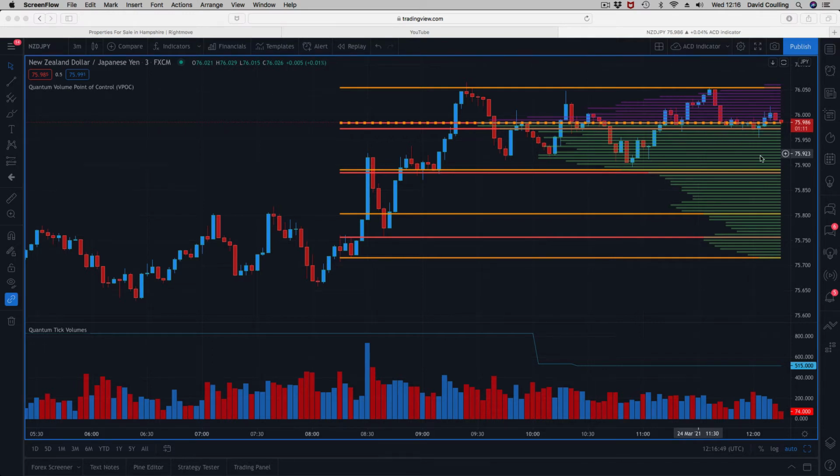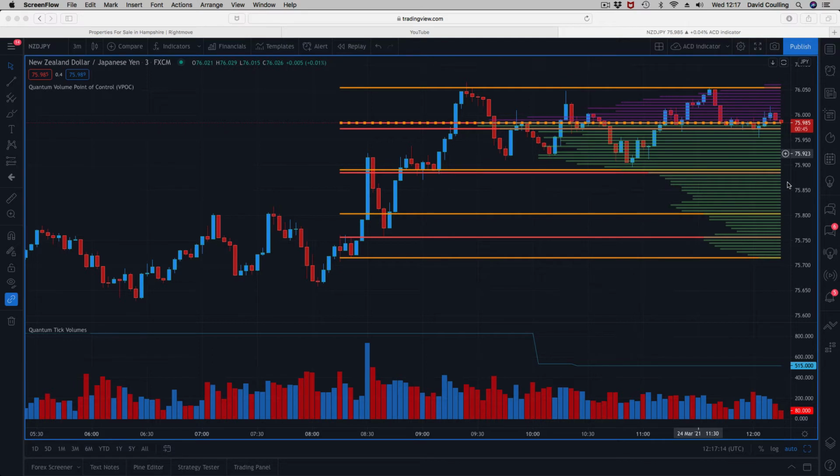What this histogram does on the right hand side here is to introduce the concept of time. So basically we are moving volume from the x-axis at the bottom of the chart and we're swinging it around and bringing it up onto the y-axis down here. And what we're looking at in that context is volume, price and time and their relationship.